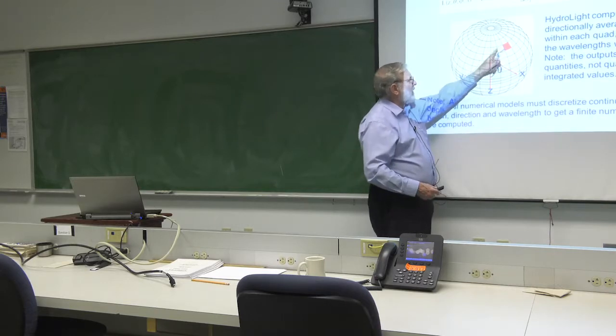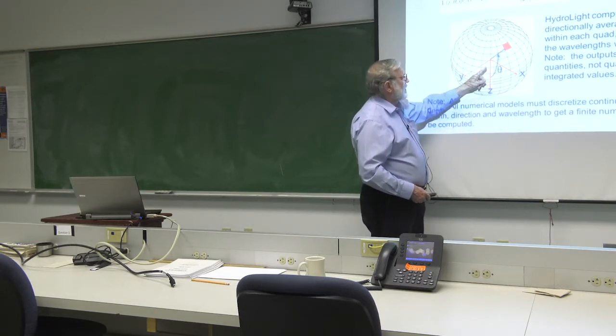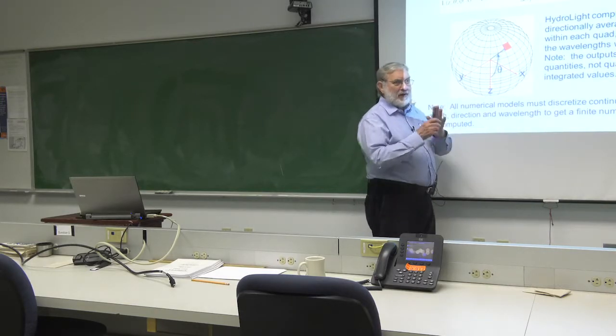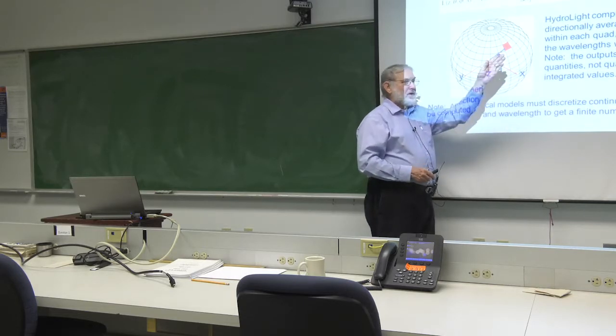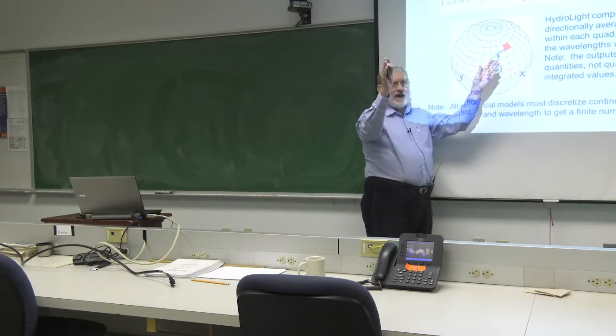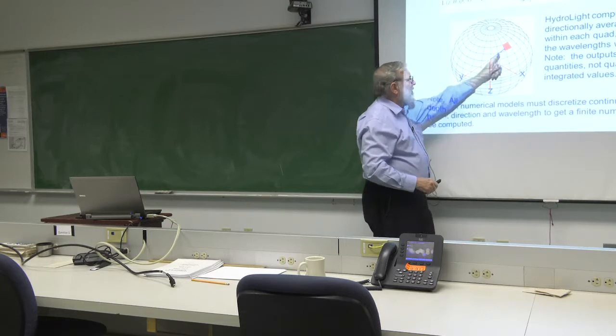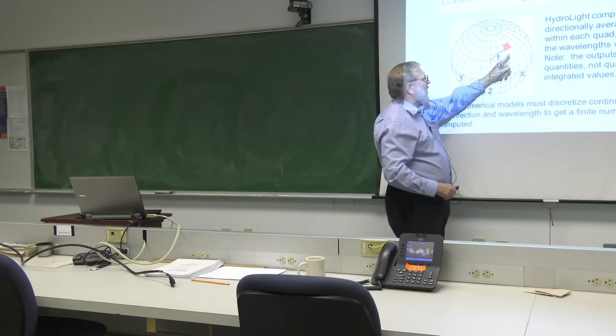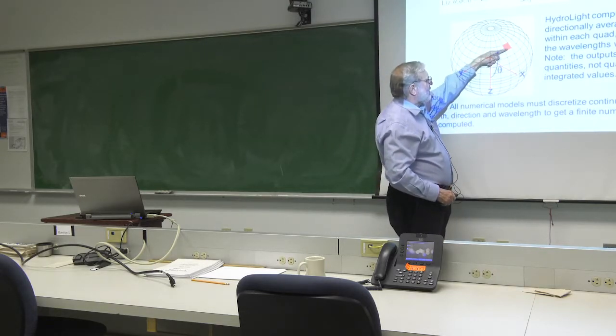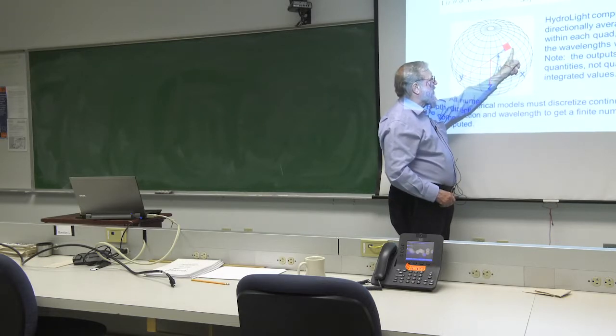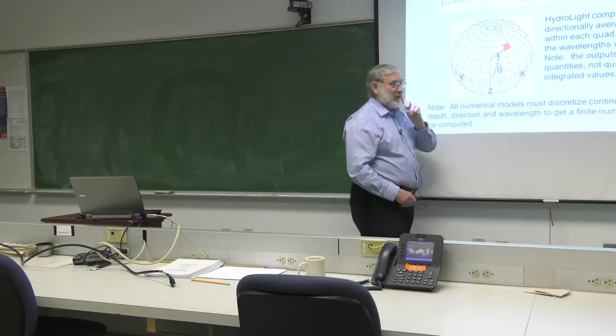And so when Hydrolight says, here's the radiance at theta equals 40 degrees and phi equals 50 degrees, it's really looking at a little window that's like 10 degrees in theta and 15 degrees in phi, and it's giving you the average radiance over that window.